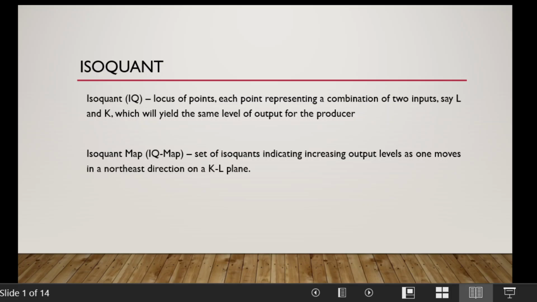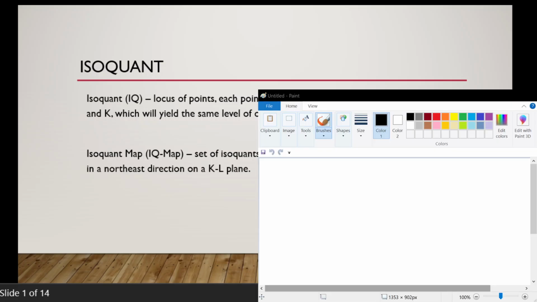Okay, so, ano nga ba ang itsura ng isoquant? So, we have a KL plane. Okay. So, example, yung K natin nandito siya sa y-axis, and then yung L or labor natin nasa x-axis. Okay?